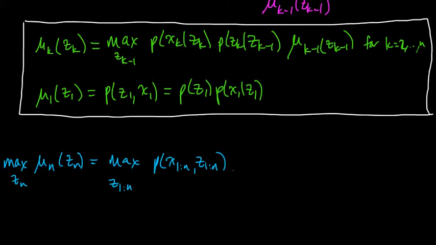So let me illustrate briefly how that happens. If these are the possible values of z here, maybe it just takes 3 possible values.